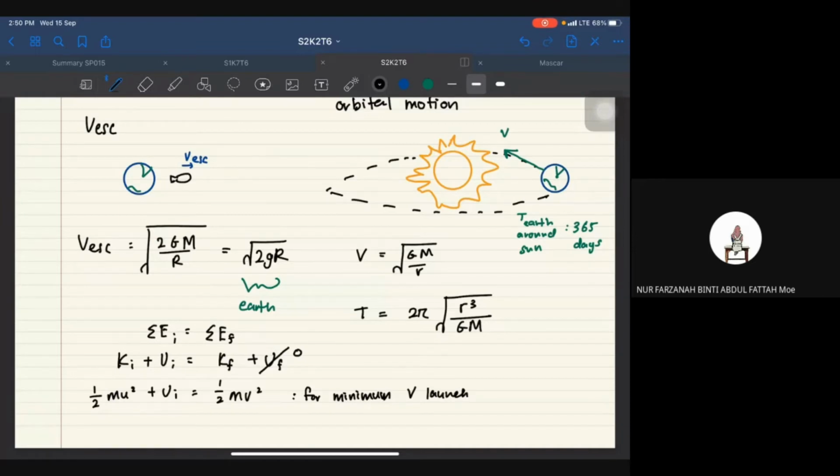Okay, contohnya dia kata what is the minimum velocity required so that the rocket will be able to launch ataupun will be able to escape the gravitational pull. So if you want to find the minimum, we assume that this one is 0 as well. Okay, sebab apa?